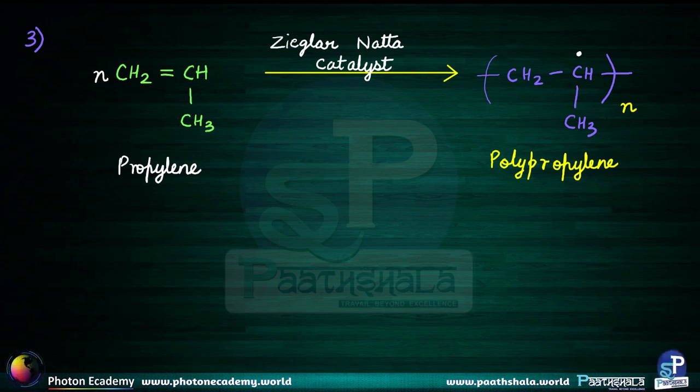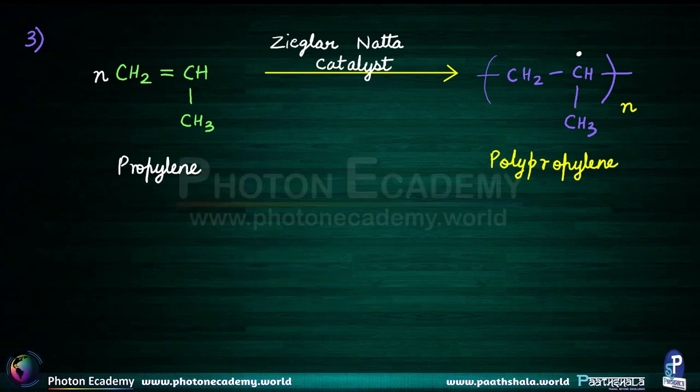That is why we are using the Ziegler-Natta catalyst to upgrade the quality of the polymer that we are getting. So why are we using this Ziegler-Natta catalyst? Because the development of radicals will lead to many chiral carbons, and these chiral carbons will be randomly oriented, so the quality degrades. Okay, so you just write a short note about Ziegler-Natta over here.